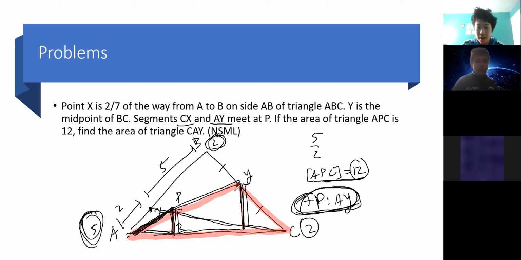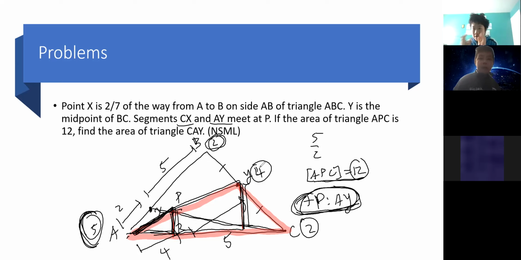So we've got to find AP to AY, which means that we're going to use mass points. The mass of Y is 2 plus 2, 4. Mass of A is 5, which means that this length is 4, this length is 5, right?